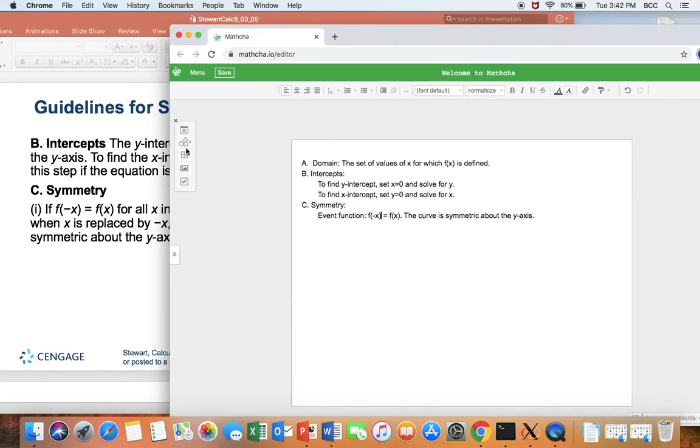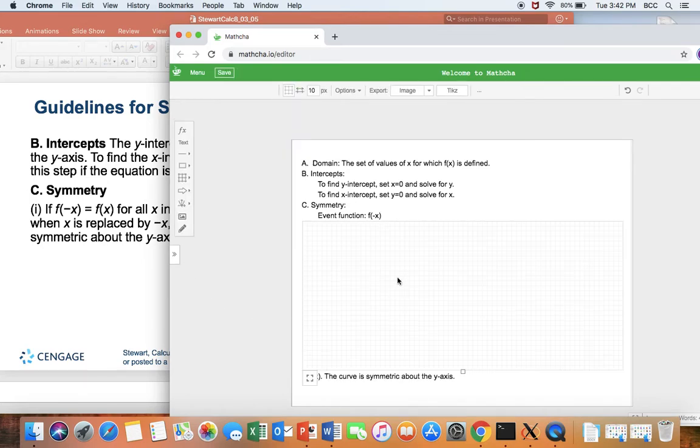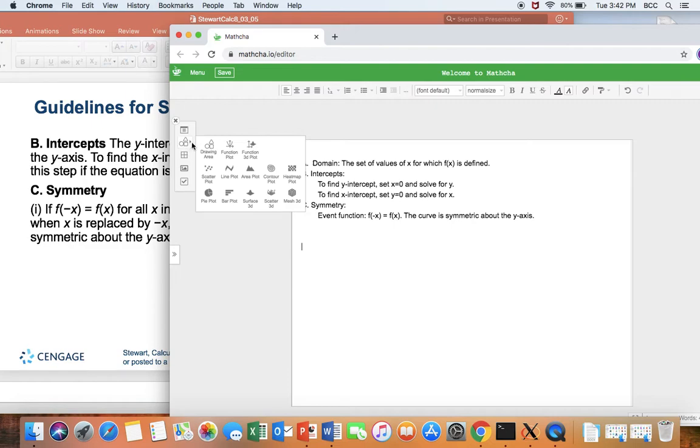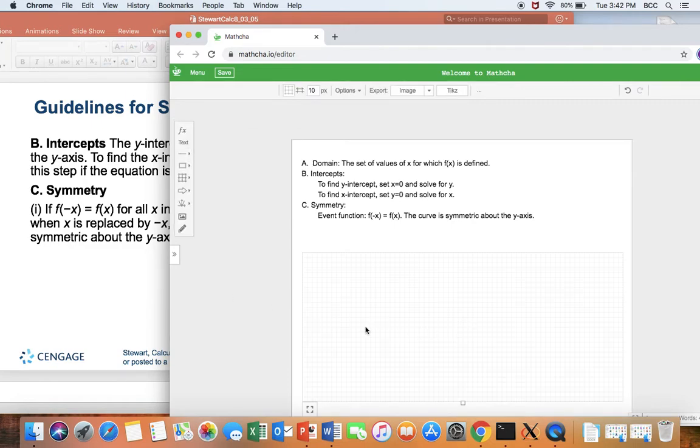If you think about it, let's look at a graph. Say I have a graph of a function such that the value for a positive x is the same as the value for its negative x.